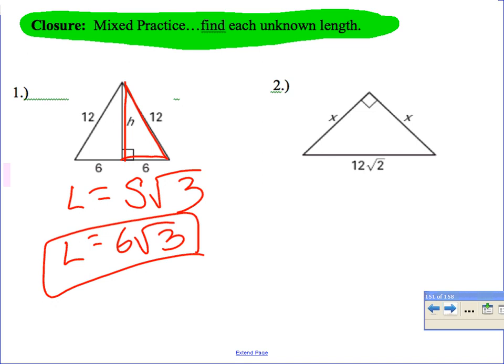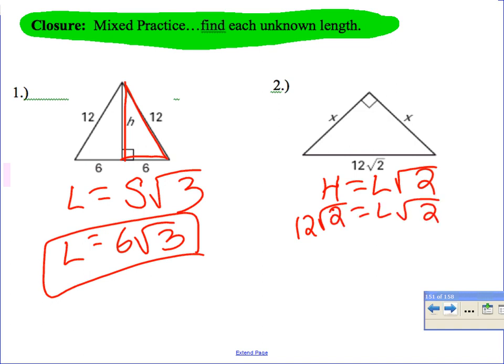Okay, number 2. What formula, Alexis, are we using for number 2? Good. Hypotenuse equals leg, or you could say longer side, times square root of 2. This one's a little bit different because you're plugging in 12 square root of 2 equals leg square root of 2. We're looking for the legs here.